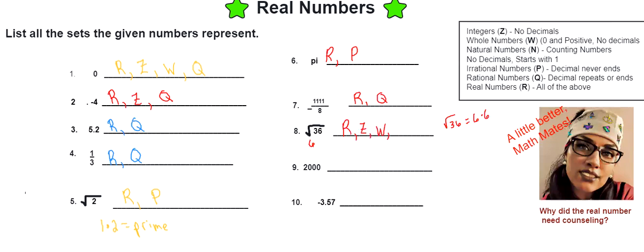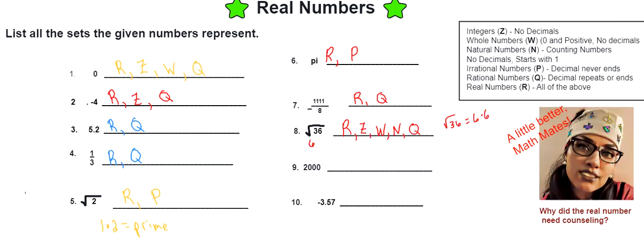Is that a natural number? Yes, we can count to 6. And if it's an integer, whole number, natural number, then it's rational. Oops, that's the wrong symbol. Sorry about that. We got to go back. So rational is Q. Make sure you simplify before you decide which sets your number falls in.